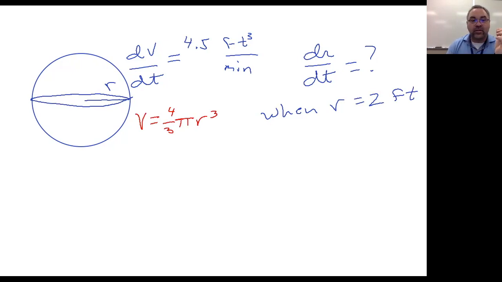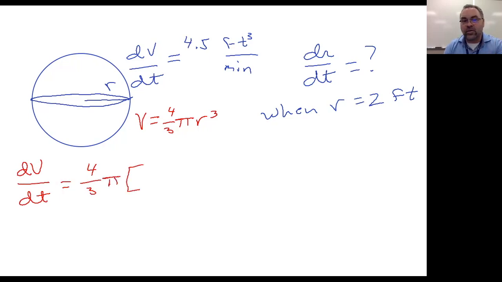If that's the relationship for volume and radius, when I derive it with respect to time, 4/3 and pi are just constants. So now I just multiply by the derivative of r cubed, which is of course 3r squared. But r is implied to be a function of time, so the chain rule says you're not done. You have to multiply by dr/dt.